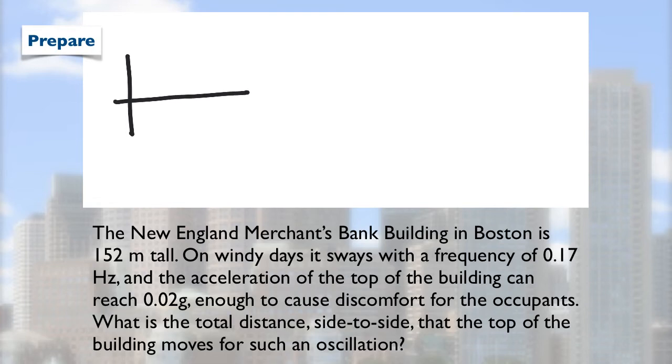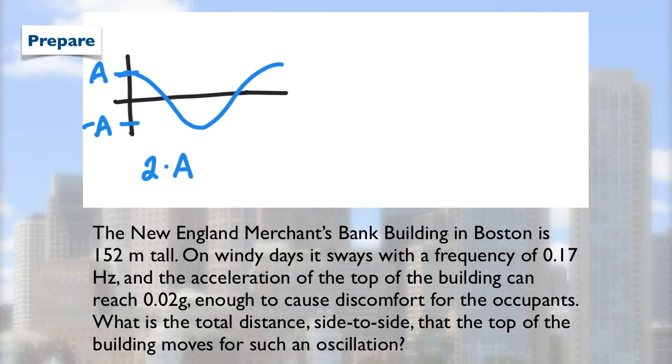It moves side to side, oscillating like so. That's a graph of simple harmonic motion. If it starts out at A and ends up at negative A, the total magnitude of the displacement is just 2 times A, 2 times the amplitude of the oscillation.